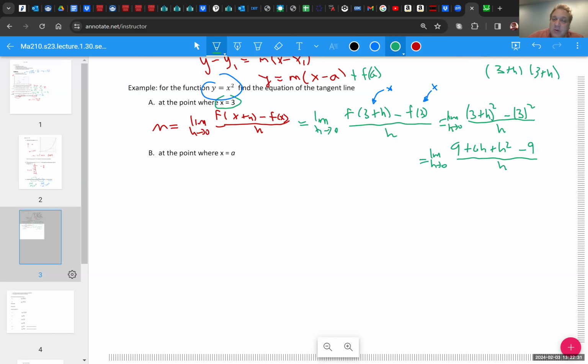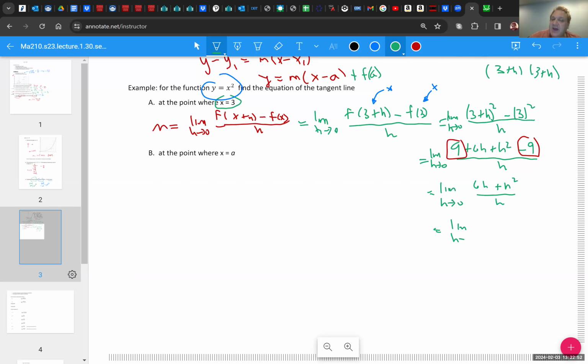Okay, we're almost done. All right, notice that on the top, you have a 9 and a minus 9, and those add to 0. So we get 6h plus h squared over h. And we can do some simplifying.